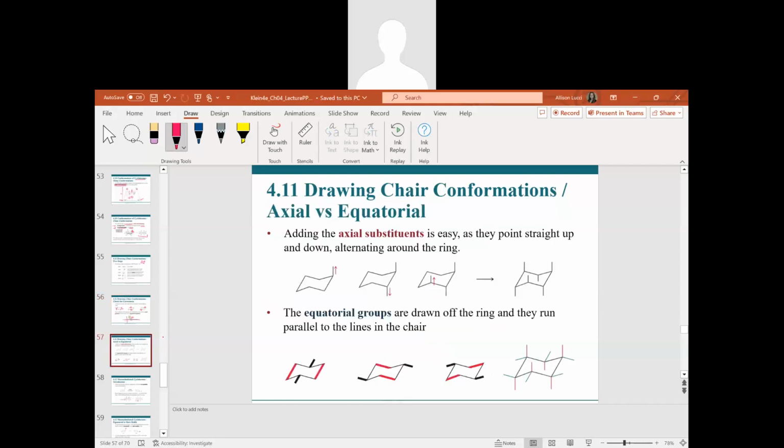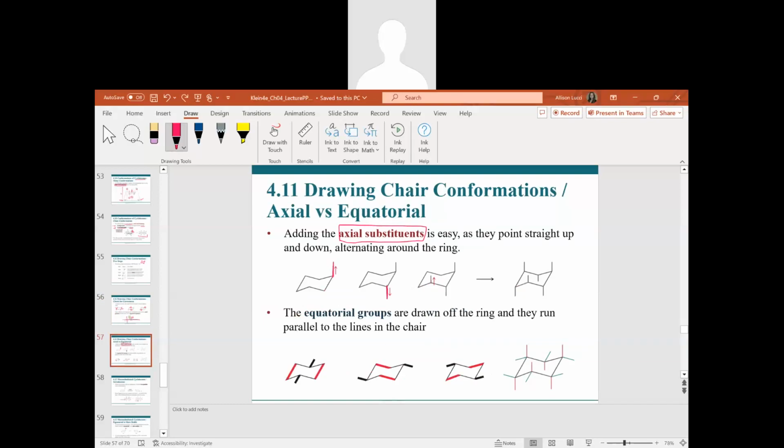So let's see what this will look like. After you've drawn your chair conformation, if you need to add an axial substituent, this is what we would do. We would draw this line here on our first carbon. Then we're going to alternate around our ring, going up and down. So then we go to this point here, we go down. And we can see this point is kind of pointing down, so that tells us, again, to put our axial position pointing down there.